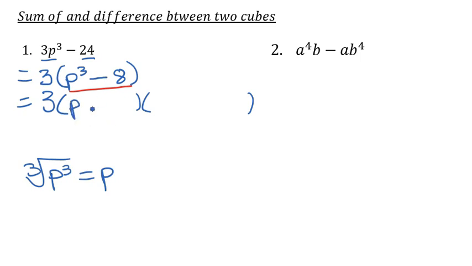The sign there, if it's negative, it must be negative; if it's positive, it must be positive. Now apply the cube root on 8, which gives 2. So we get 2 there.